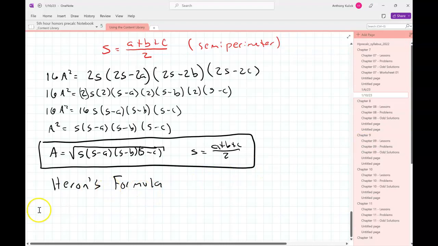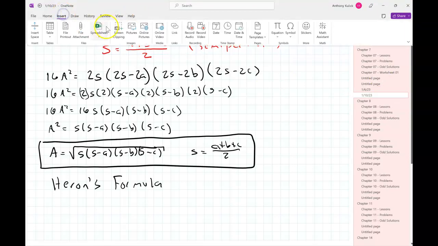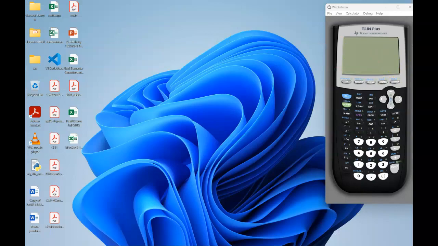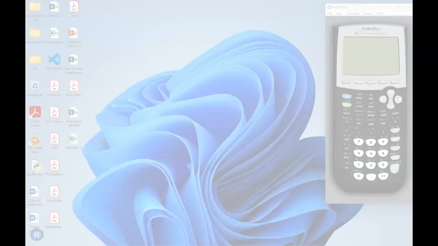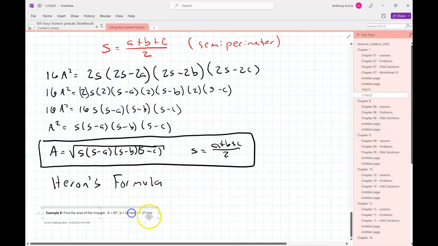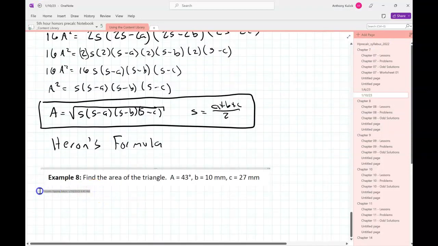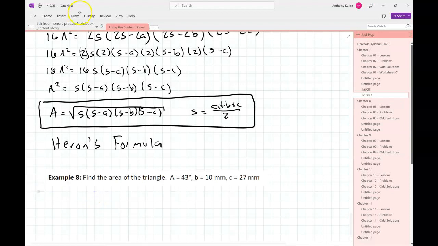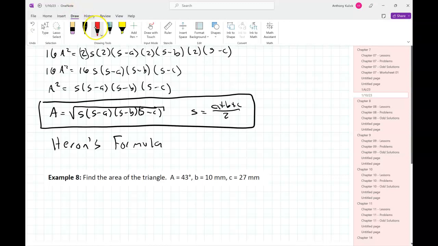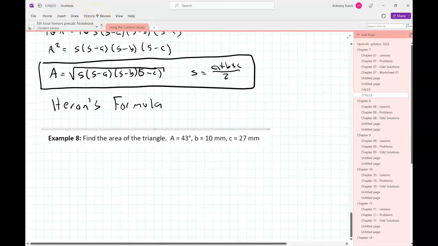All right, so let's do a couple of examples, and then we're going to get out of here. Sound good to you guys? All right. So it says find the area of the triangle.